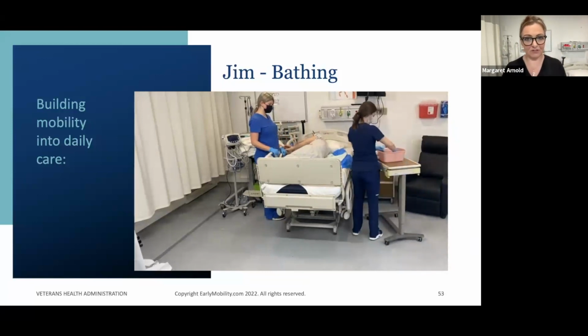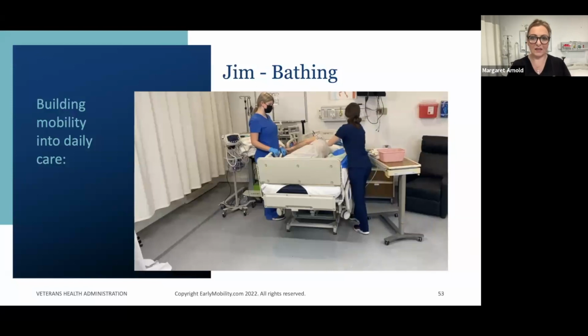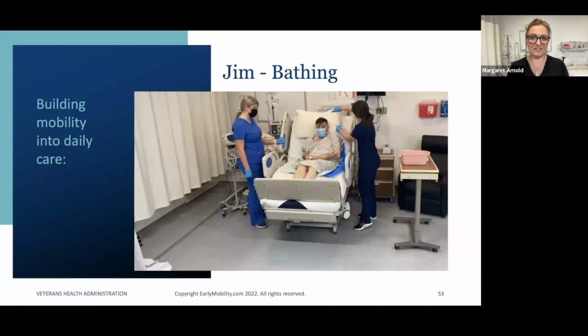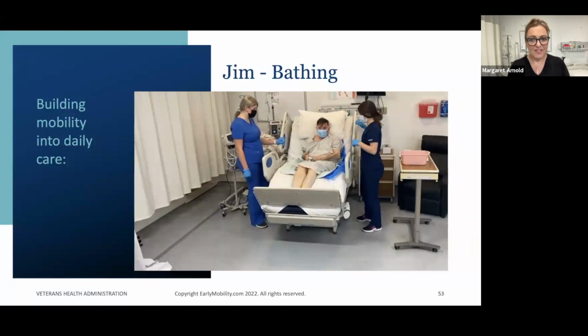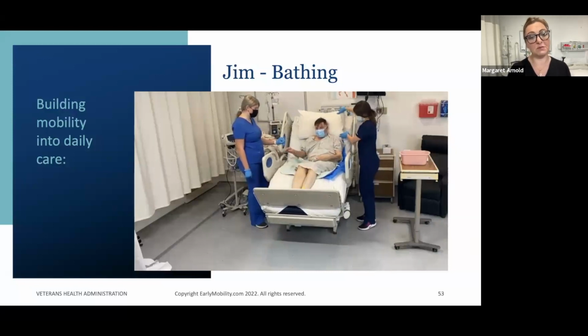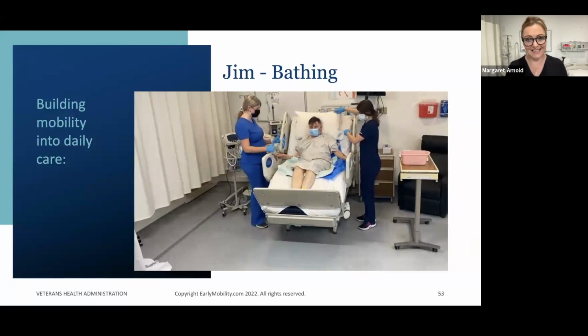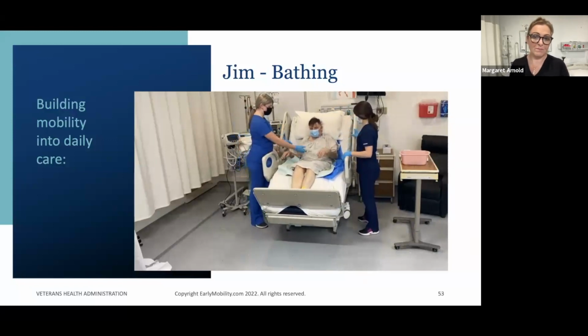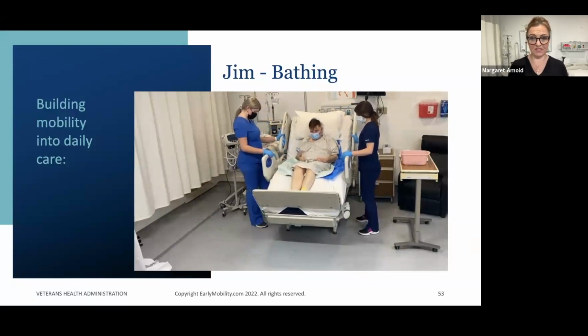I know I'm being repetitive, but we must remember when we can have the patient actively participate, this is all part of building mobility into daily care. And it's how we do it without adding tasks. If we have to bathe the patient anyway, why not sit him up into a chair position?